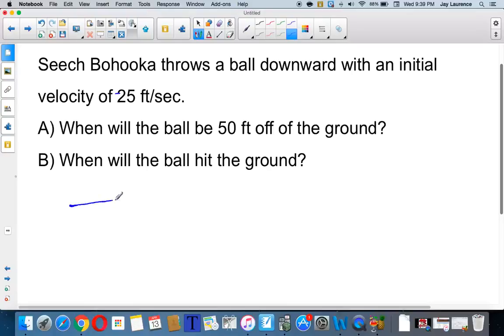So I've got this guy up on the roof here, right? And when he throws the ball down, it starts at 100 feet off the ground, right? The ball's going to kind of go like this.